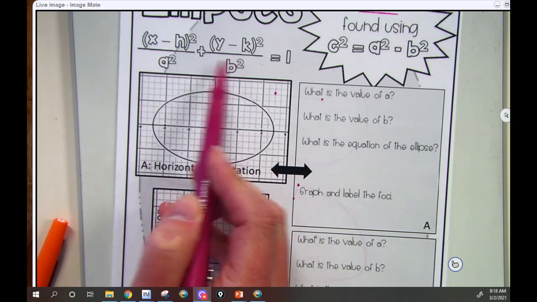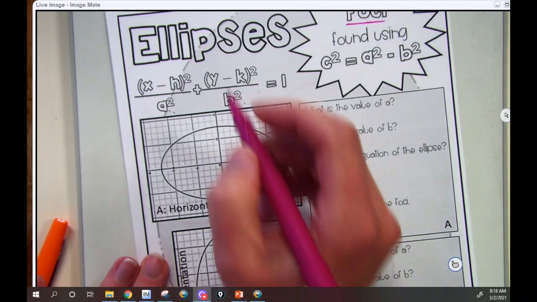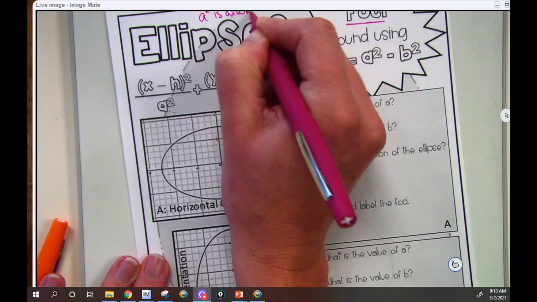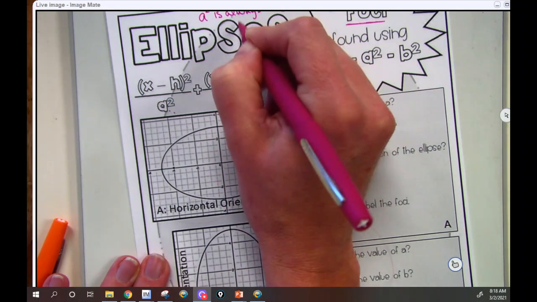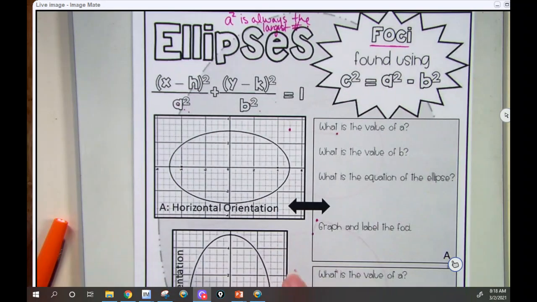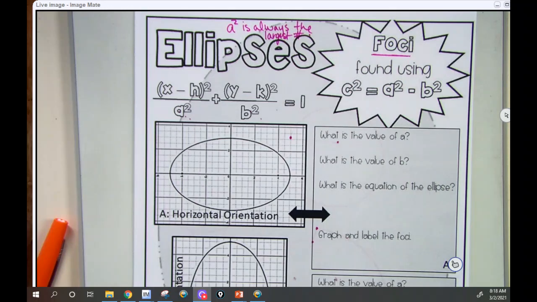A and B can trade places, and that sounds scary when I say that. But a squared is always the largest number, and the largest number helps us decide which way that ellipse is oriented.